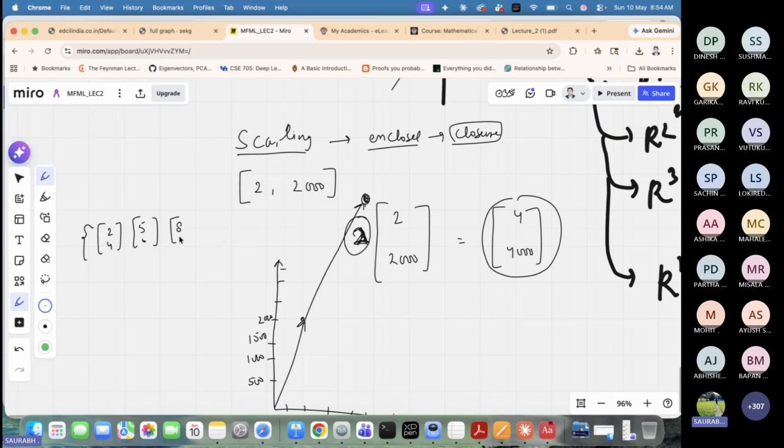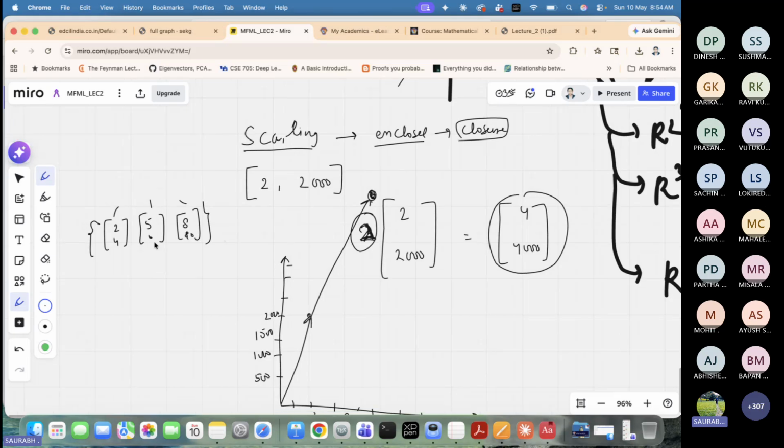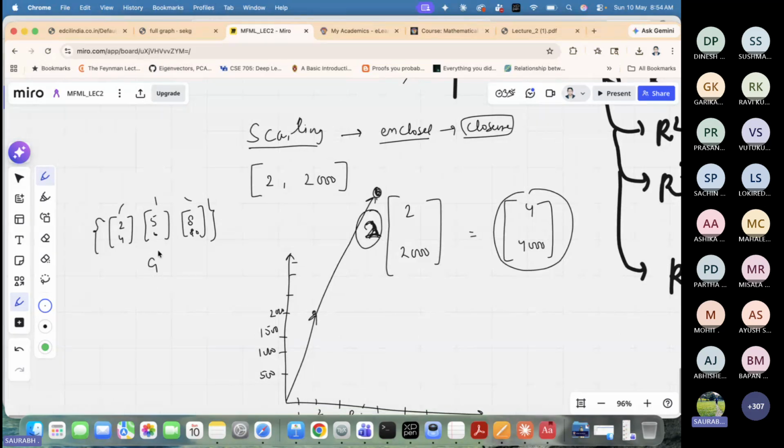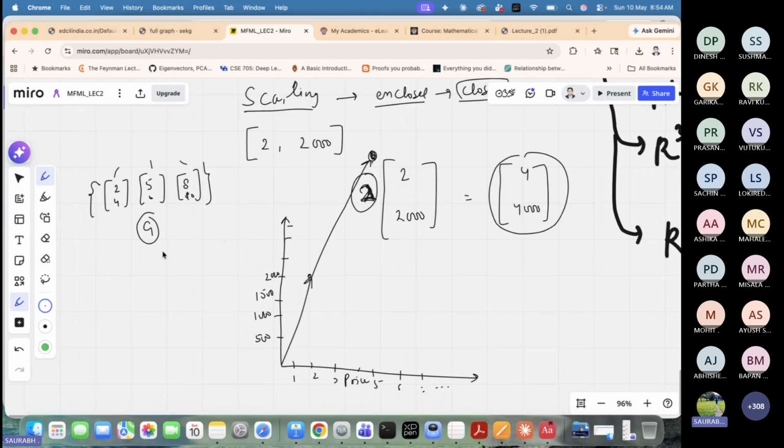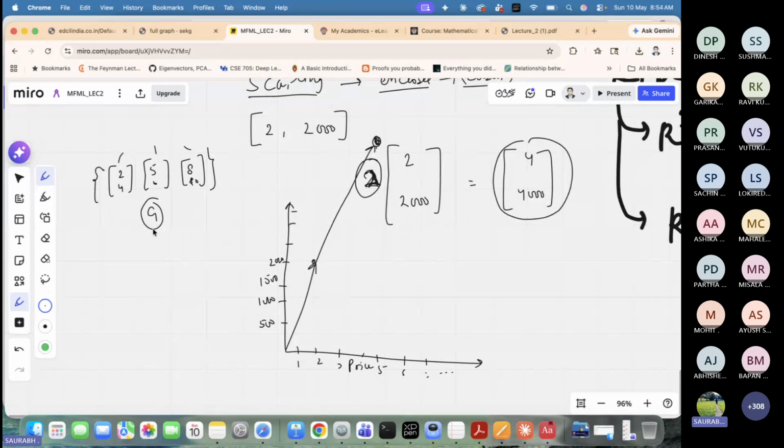These are two-dimensional vectors, right? Let's say these are three different vectors in the set. Now this is the set G. We can apply any of those operations on this set. You would need to see whether all the 4 axioms are actually valid in this particular set or not. Obviously there is no zero, hence this is not a valid set. But think of it as, can we scale these numbers?